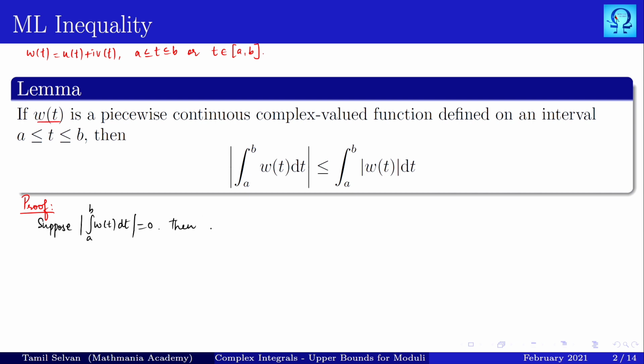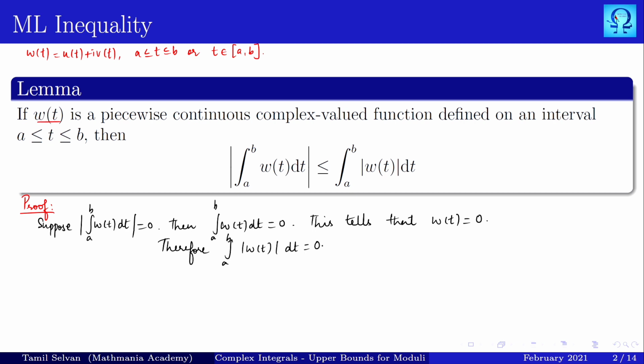Then of course the integral from a to b of the absolute value of w of t dt is also 0.